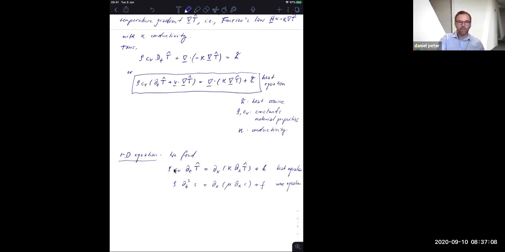So if you look at these two equations, they look very similar. The only main difference you see is the time derivative, where for the heat equation it is first order, for the wave equation it is second order.